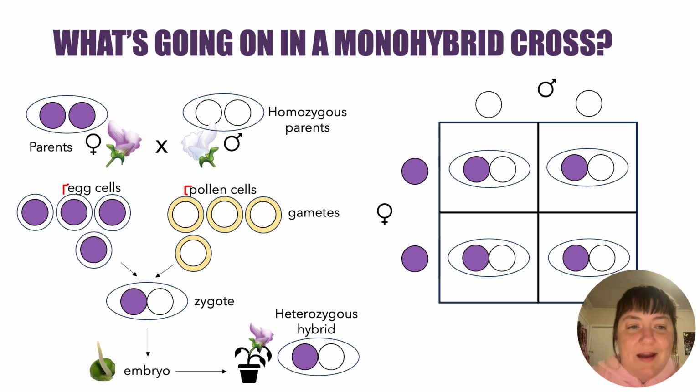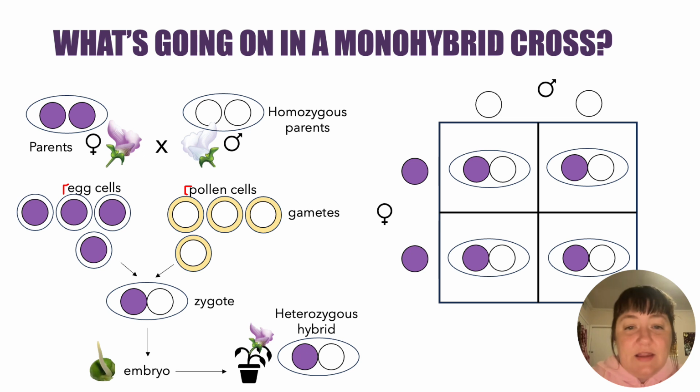But from his data and the way the ratios came out, he hypothesized there must be 2 things in the parents that are getting randomly arranged into the offspring.